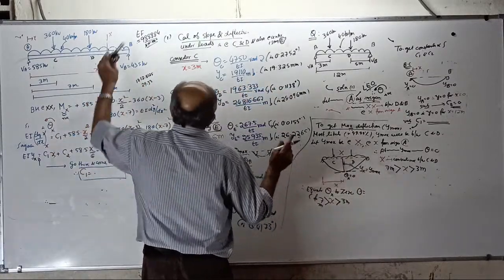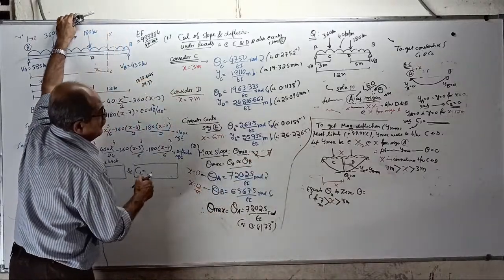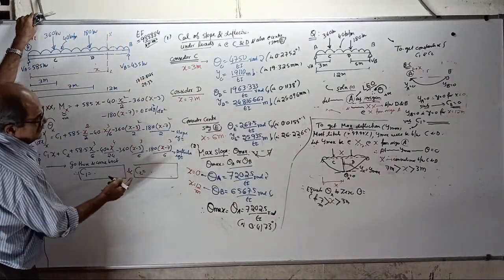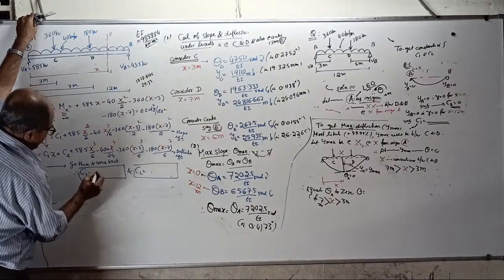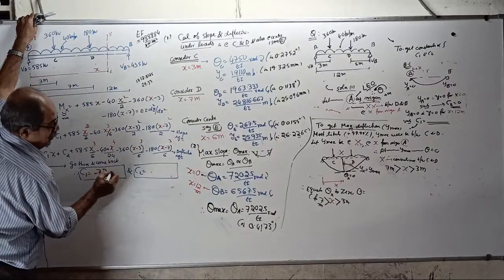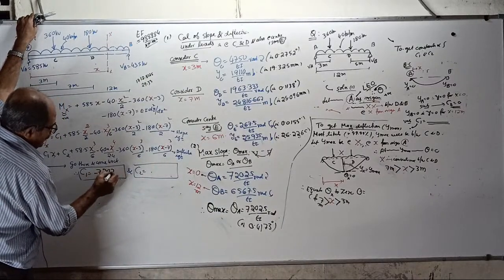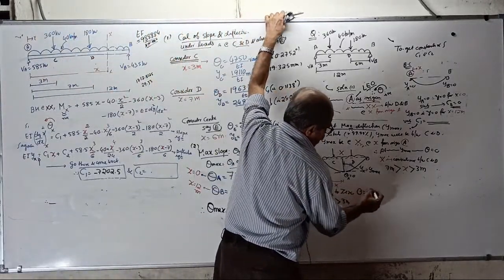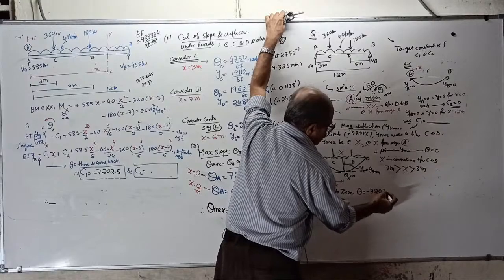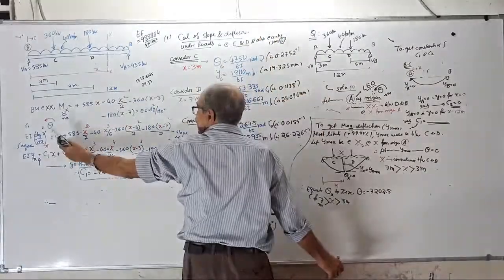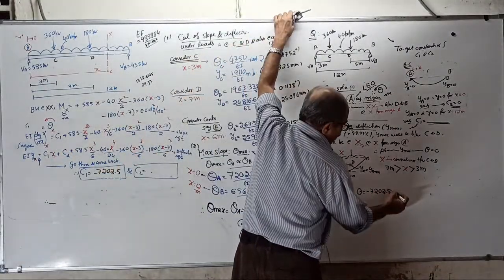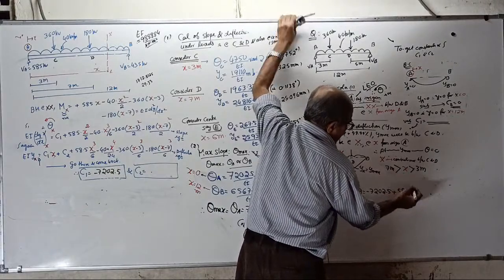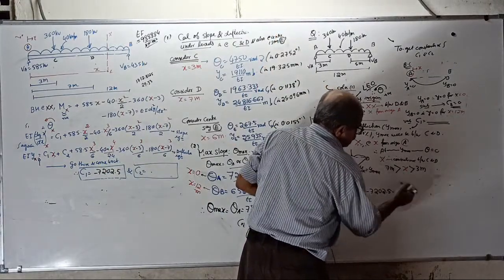C1 you should calculate, but I know the value of C1. Why bother? C1 is minus 7202.5. So 0 equals C1, minus 7202.5, plus 585 into x square by 2.